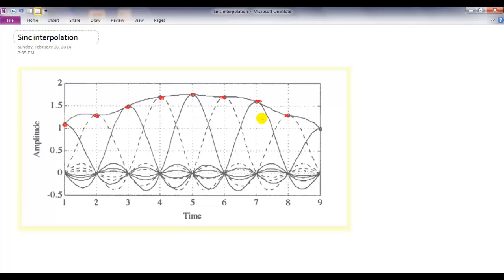And if you do an infinite number of these sincs, automatically what you get is the true function back, through the summation of these infinite sincs. At the sample location itself, even though there are an infinite number of sincs, all the other sincs have value 0 at the exact sample location. So there you are guaranteed the original value, but for the interpolation of the values in between, you add up all these other things.